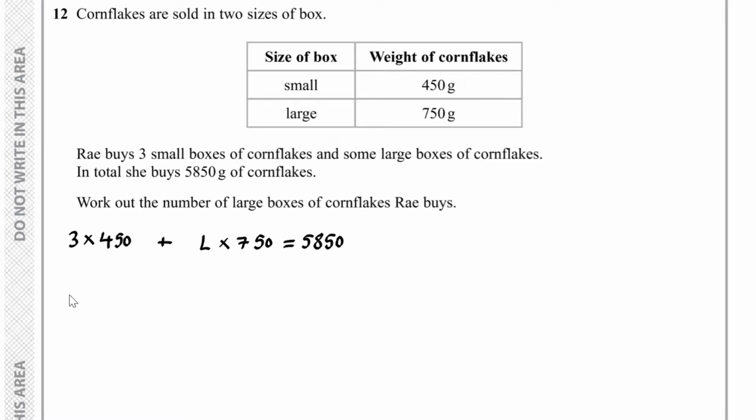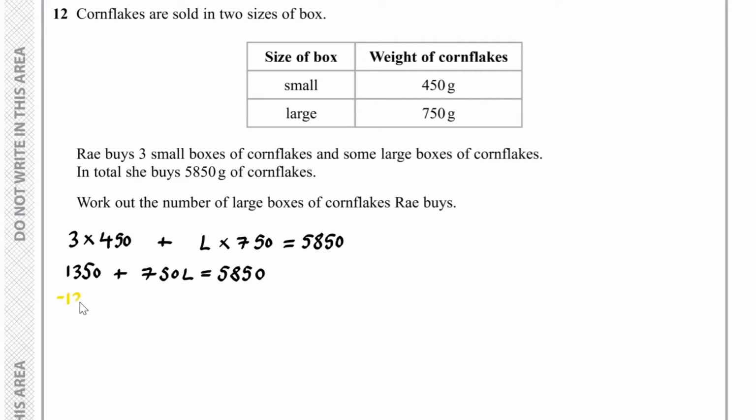So 3 times by 450, that's 1350, and then we add on 750L, that's equal to 5850. And we need to solve this equation to find L, and L over here is the number of large boxes of cornflakes.